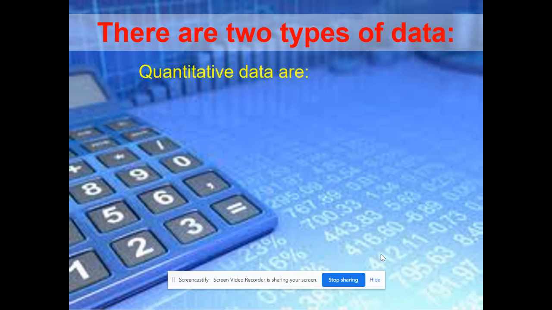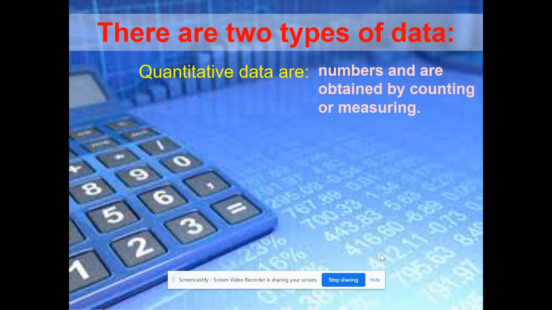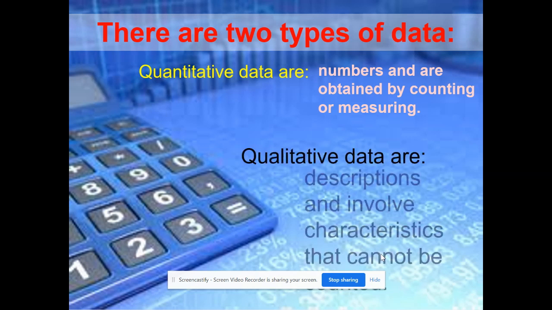There are 2 types of data. Quantitative data, they are the numbers. That's what you actually record in your numbers, and they're obtained by counting or measuring your result. Qualitative data is the descriptions and involve characteristics that cannot be measured. These are things like your 5 senses. What do you see, smell, hear?